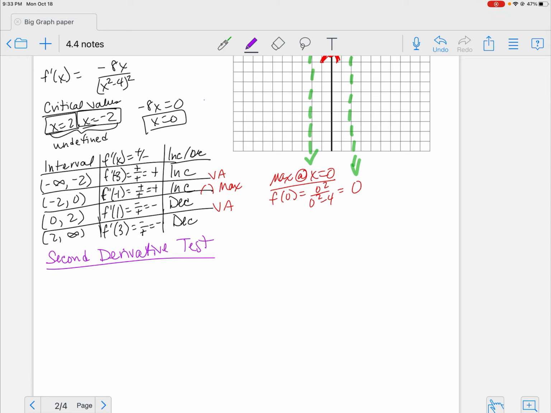So my second derivative is derivative of the top, which will be negative 8 times the bottom, which is x squared minus 4 squared, because that's still the whole bottom, right? Minus the top, which is a negative 8x, times the derivative of the bottom, where we get to use chain. So derivative of the outside, keep the guts, then you have to multiply by the derivative of the inside, all over the denominator squared.